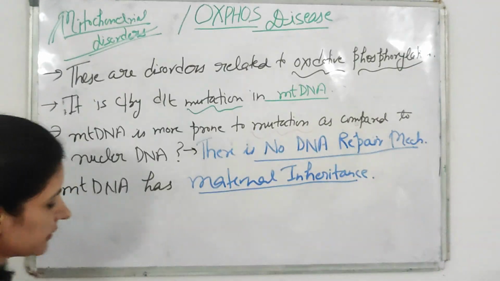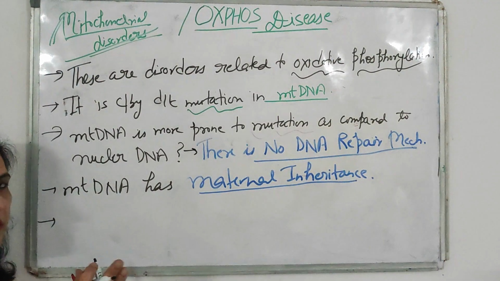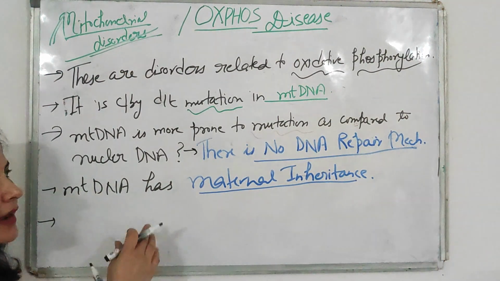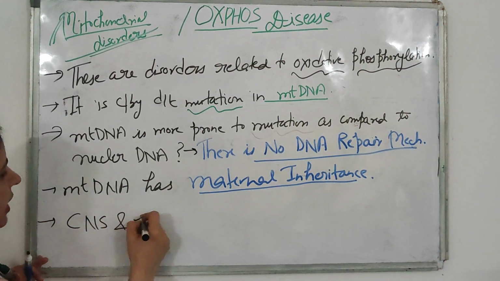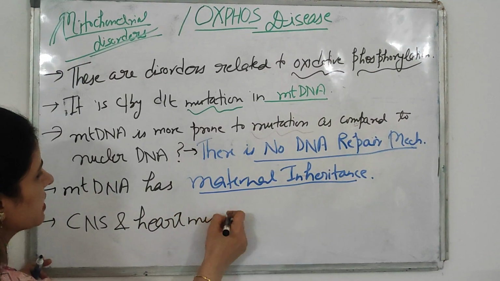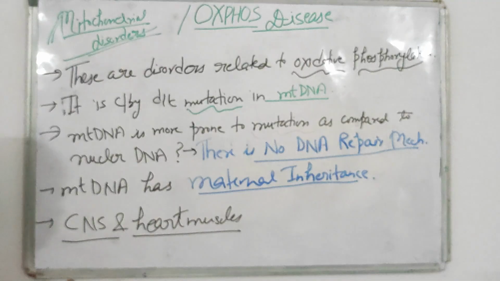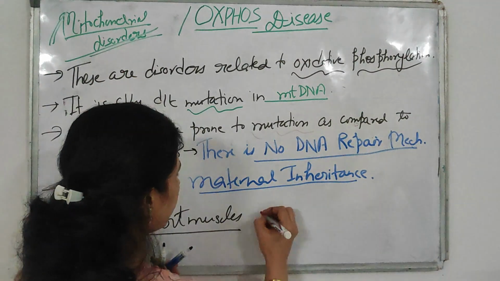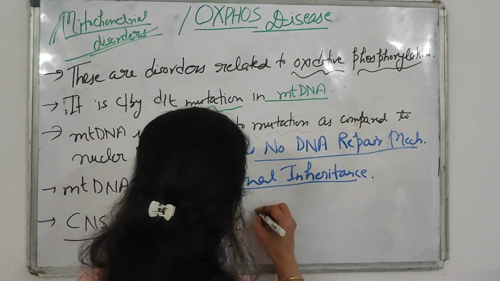Next point: which organs are more affected by this OXPHOS disease? Your CNS and your heart muscles are vulnerable.